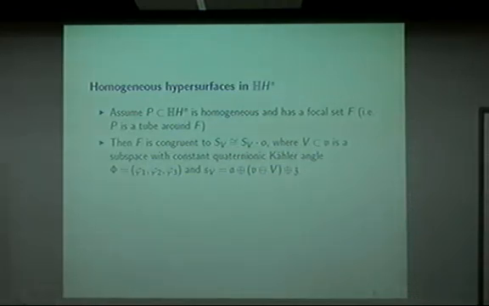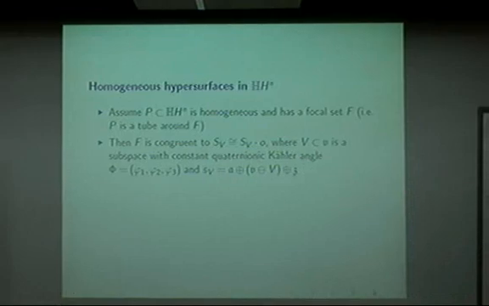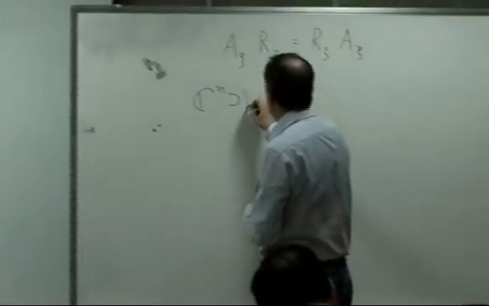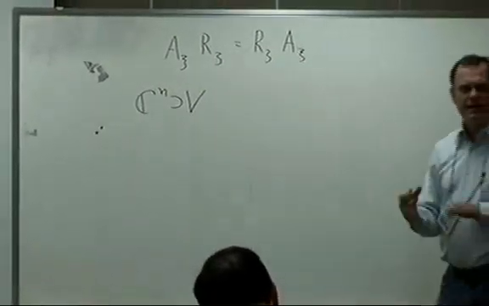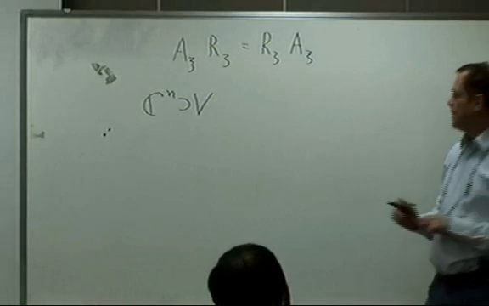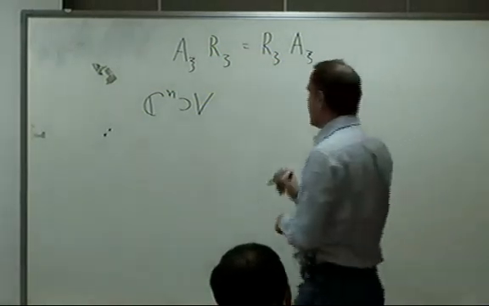Suppose first we are in a complex vector space Cn, and we take in there an arbitrary subspace V, not necessarily complex, just an arbitrary linear subspace.